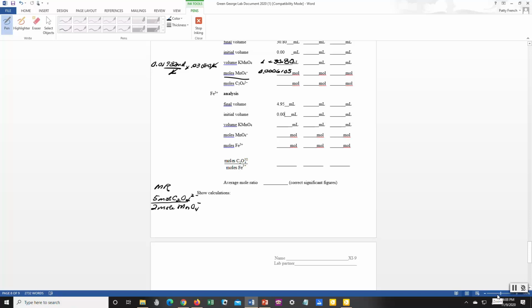So let's see if we can figure out now how many moles of oxalate we have. Step 1 was moles of permanganate. Step 2, I'm going to bring down here and use this molar ratio.